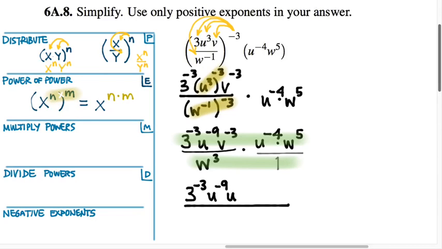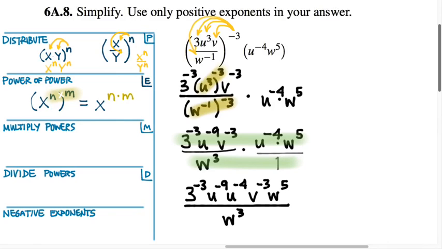So I'll have the u to the minus 9 followed by the u to the minus 4. And then I've got my v's, v to the minus 3, and then I've got w's, 5 of them. And then downstairs I have w to the third power times 1, which multiplication by 1 is an invisible operation, so I just won't write that. Okay? w to the third power.